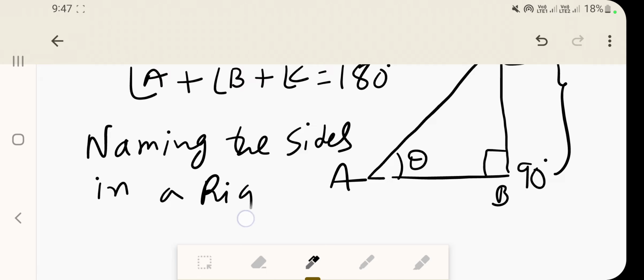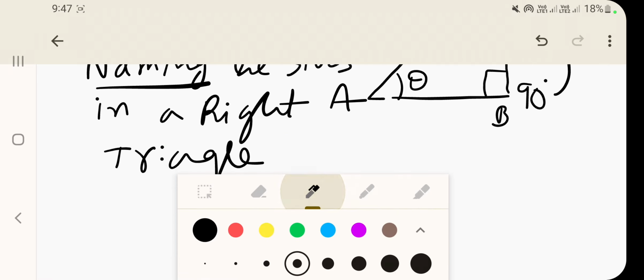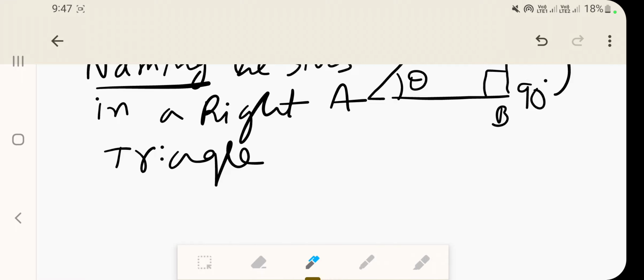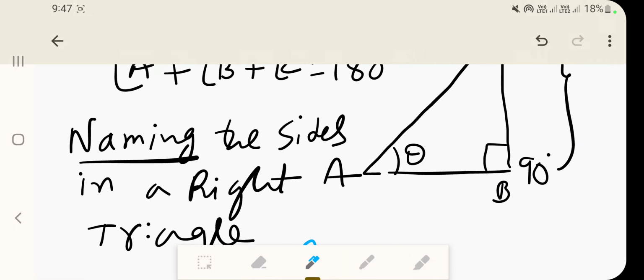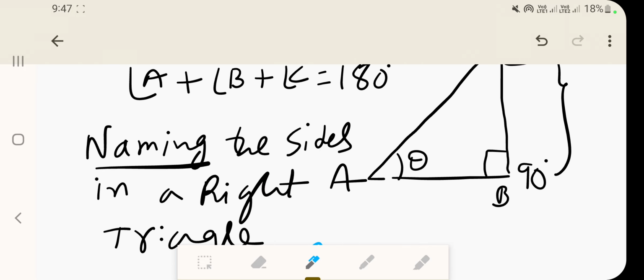Right triangle means one of the angles is 90 degrees. So first we'll see the naming of the sides. In this we have AC. This AC is called the hypotenuse.